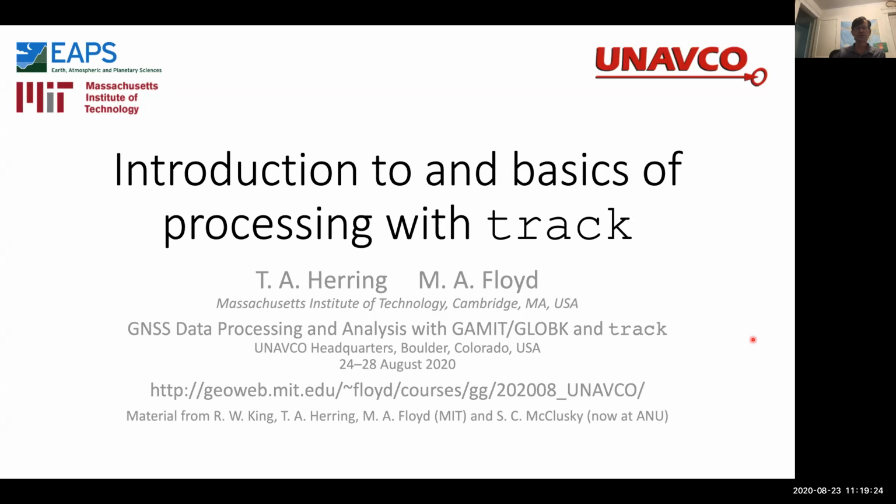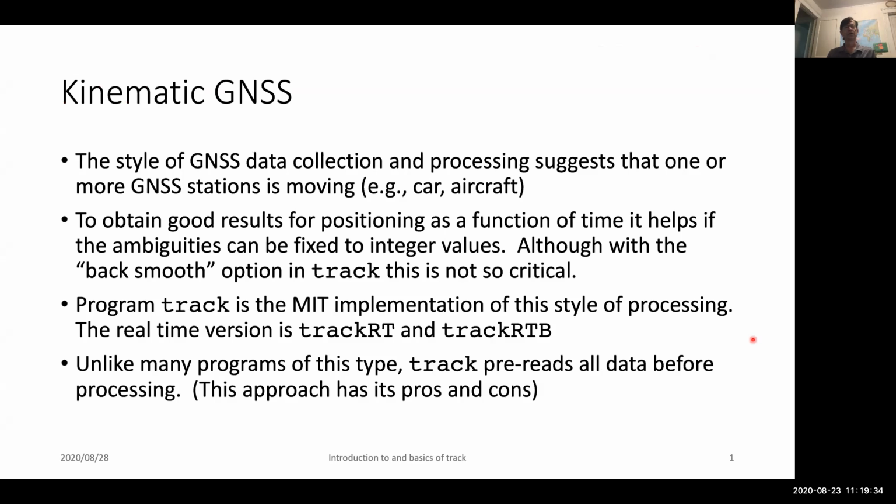In this talk, we're going to introduce the basics of the processing program called TRAC, which is our Kinematic GNSS processing software. Kinematic GNSS is the style of data where during the collection of the data, the GPS or GNSS receiver is moving, and depending on what that type of motion is, there are different ways you can go about processing that data.